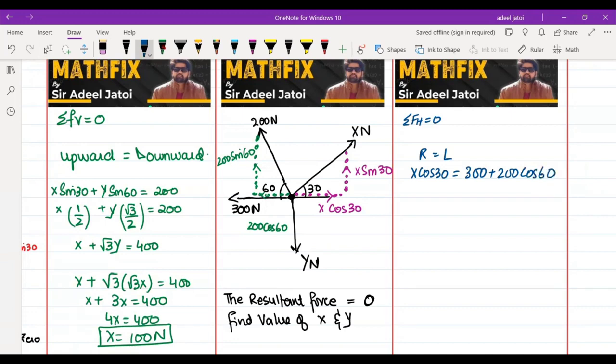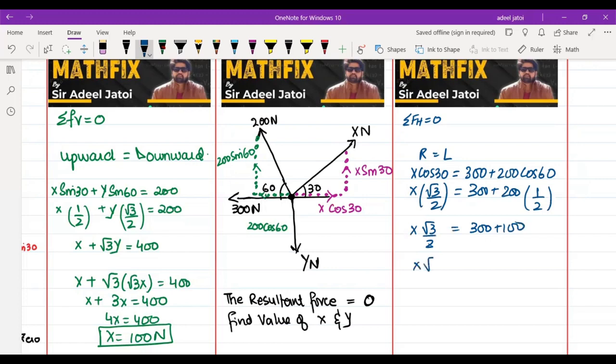So x cos 30, which is under root 3 upon 2, is equal to 300 plus 200 times cos 60, which is 1 upon 2. So this should be x under root 3 upon 2 is equal to 300 plus 100.